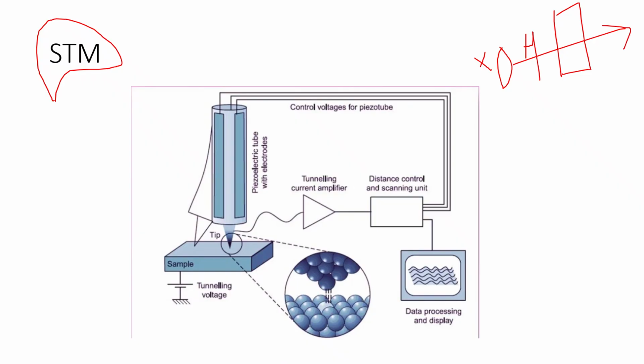But if you are a quantum mechanics man, there is a probability that you will cross this wall. It is a non-zero probability. It is an exponentially decaying probability, but there is a probability that you will cross this wall.